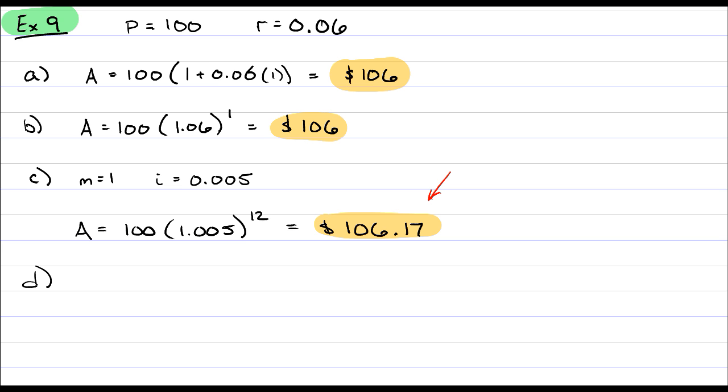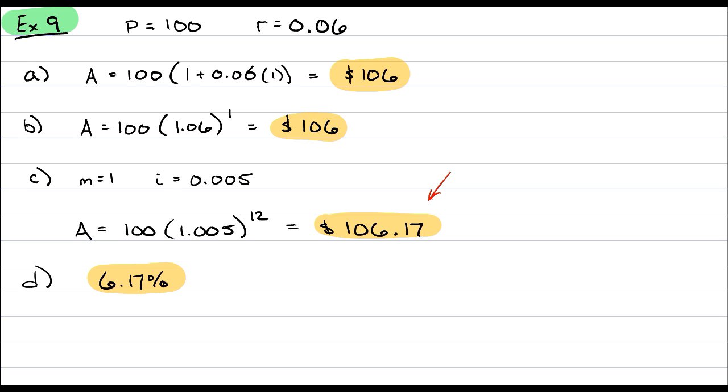And the answer is, well, we would have to have earned $6.17 in interest on a $100 investment. So it's not too hard to reason out that would amount to a 6.17% interest rate.